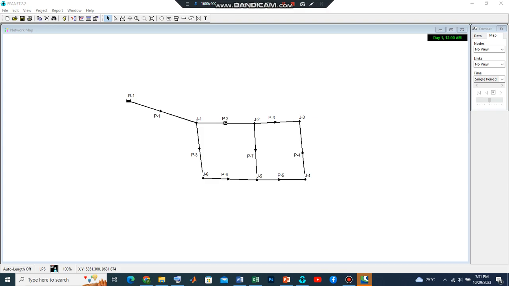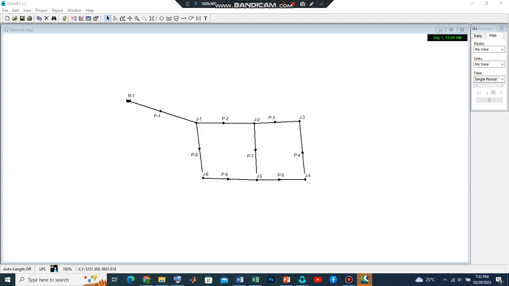What obtains in Canada may be different from what obtains in other countries. For this video, let us assume that for velocity we have an average working velocity or operating velocity of between 0.6 to 2.5 meters per second.